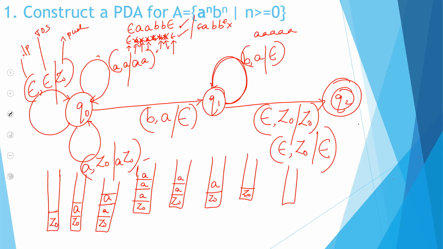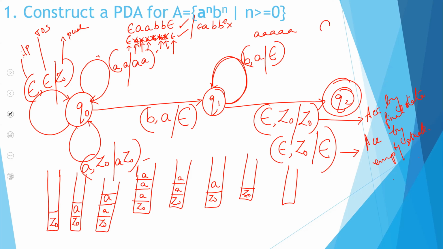This is called acceptance by final state, and this notation is called acceptance by empty stack. You can follow any methodology you want. Now we have seen how you do a valid string.